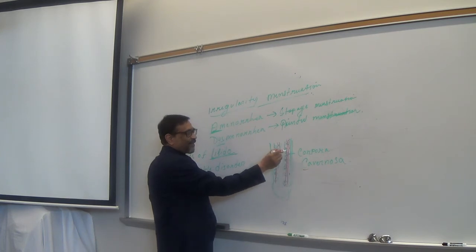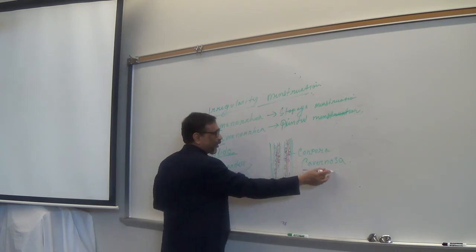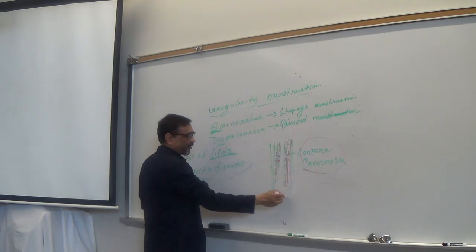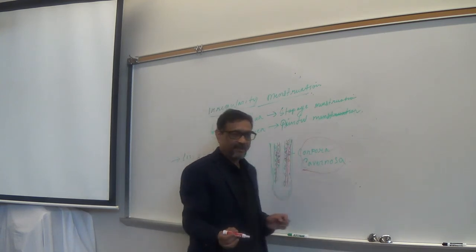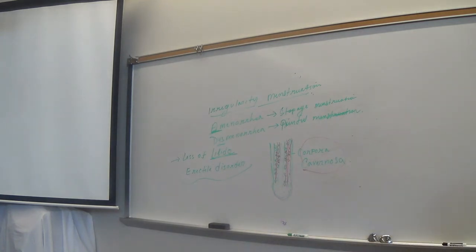So basically, a lot of blood gets out and enters into the corpora cavernosa. When blood accumulates, that makes the enlargement and the erection. Is it clear? And when blood goes back, it returns to its pre-erectile shape.